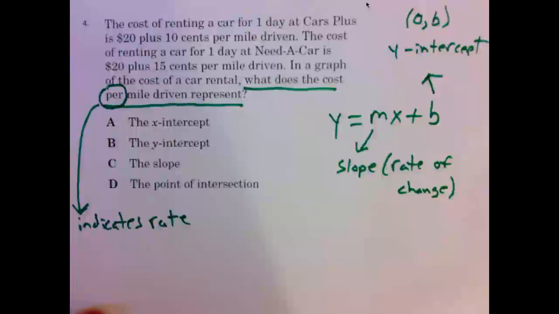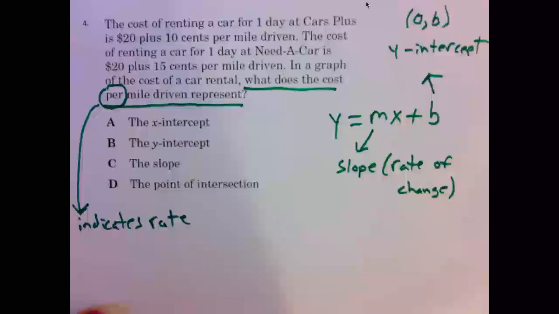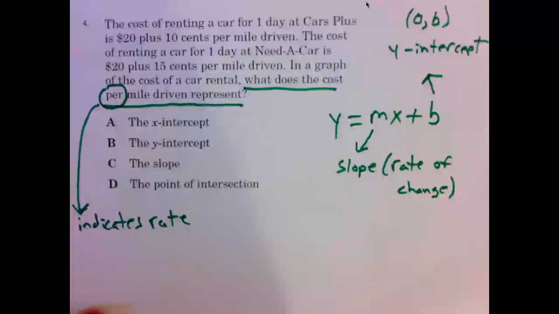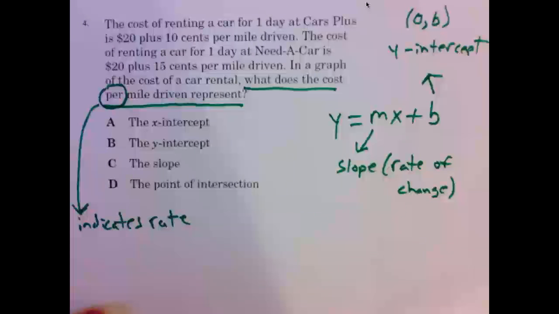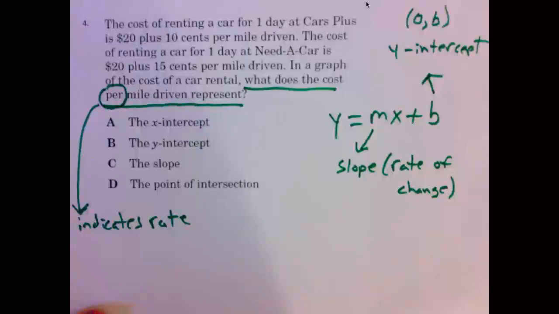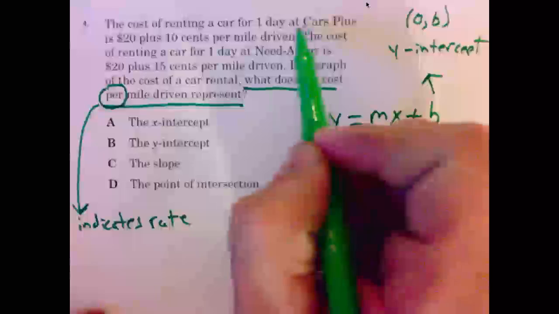The cost of renting a car for one day at Cars Plus is $20 plus 10 cents per mile driven. The cost of renting a car for one day at Need a Car is $20 plus 15 cents per mile driven. In a graph of cost of car rental, what does the cost per mile driven represent? Well, I'm going to write an equation for this place here.